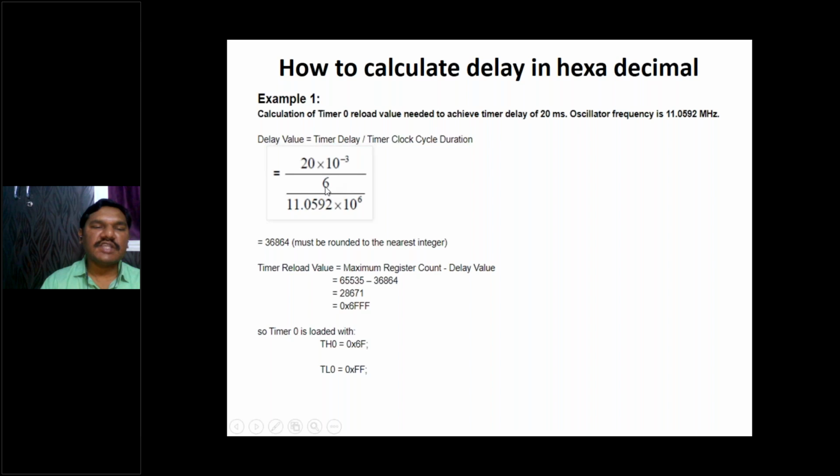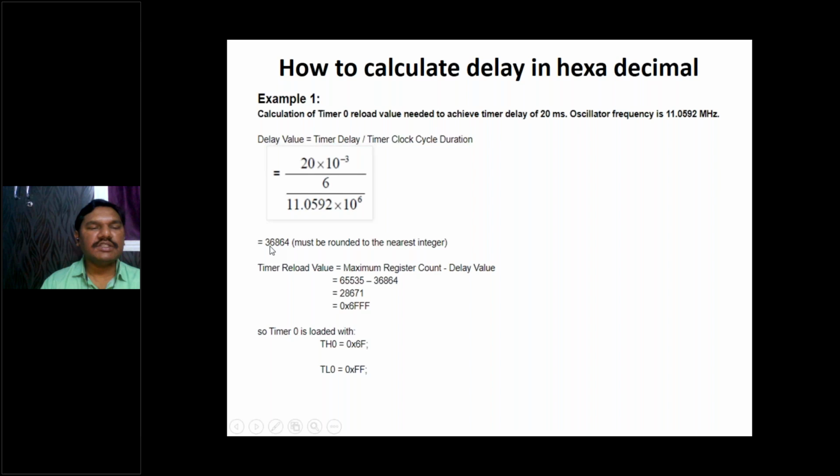It is divided by either 6 or 12, right? Sometimes they take division by 6 or by 12. In olden days they divided by 6 because they took 6 pulses, but after that they divided by 12, so they sometimes take it as 12. For the time being, we take 6 over the oscillator frequency, which is 11.0592 into 10 power minus 6.